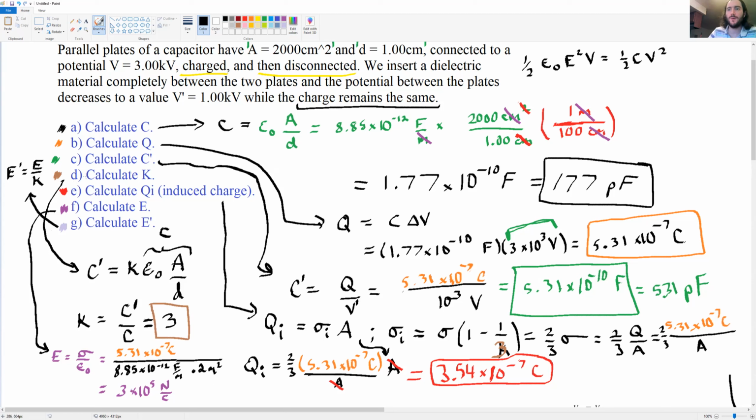And since kappa is 3, the electric field inside the dielectric is going to be 1 times 10 to the 5th newtons per coulomb. Yeah, Alberto, if you got 3.12, you've probably done the calculation correct, but maybe just some rounding or something in there so that it's not working out exactly.